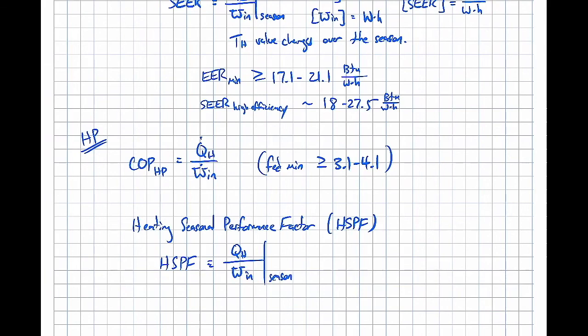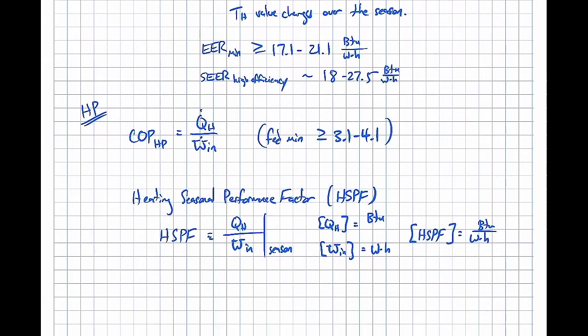So it's very similar to the SEER rating, except here we're dealing with QH, and the units are the same as what you had for the SEER rating. It's BTUs for the heat that you moved, and for the energy you've put in, it's in watt hours. So HSPF units would be BTUs per watt hour. When people talk about a SEER rating or an HSPF rating, they don't say BTUs per watt hour.